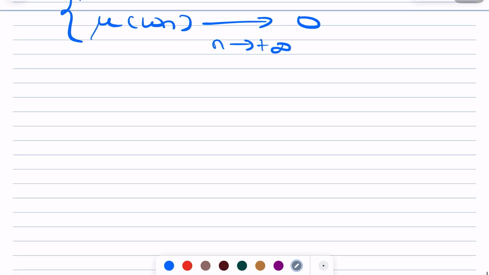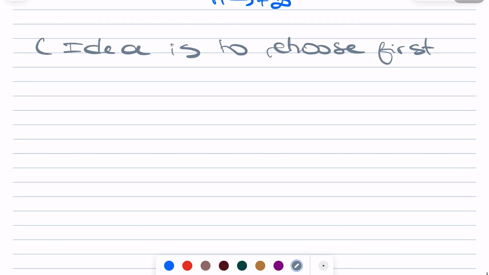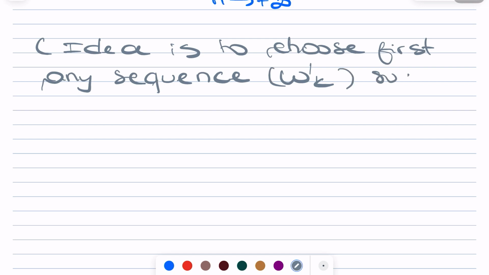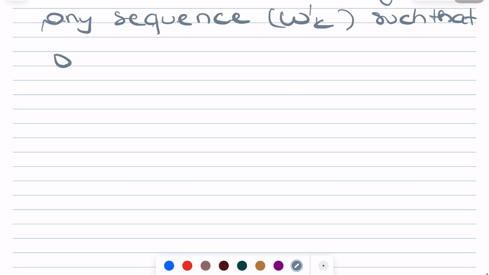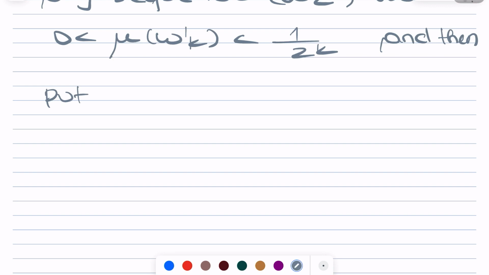Well, the idea is to first choose any sequence, say W'k, such that 0 is strictly less than mu of W'k, which is strictly less than, say, 1 over 2 to the power k, and then out of that sequence construct a decreasing sequence, and put Wn to be the union of W'k, k running from n to plus infinity.